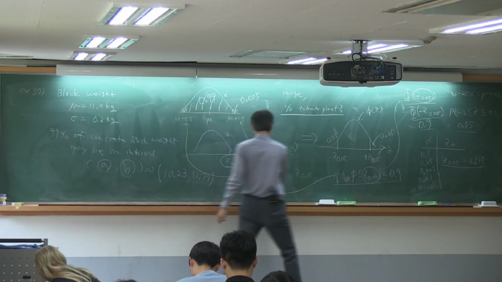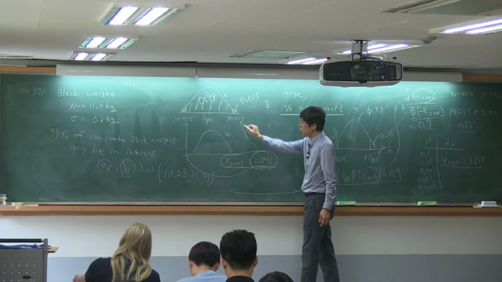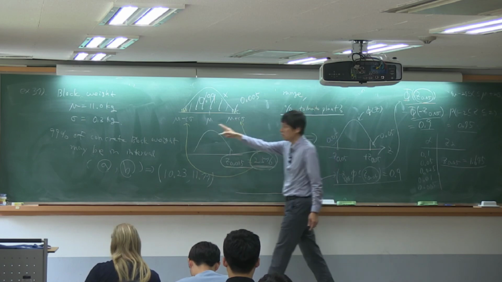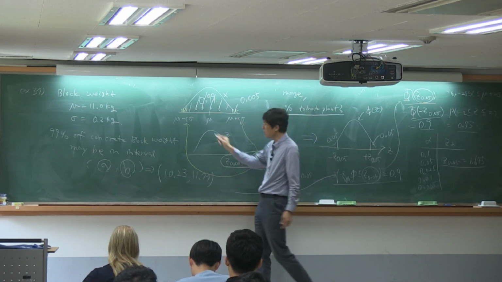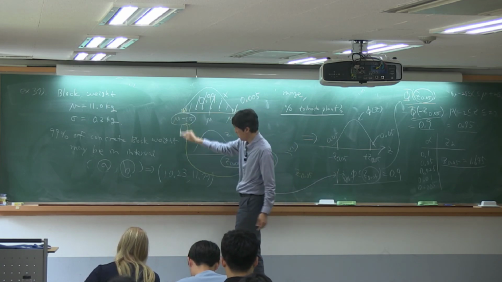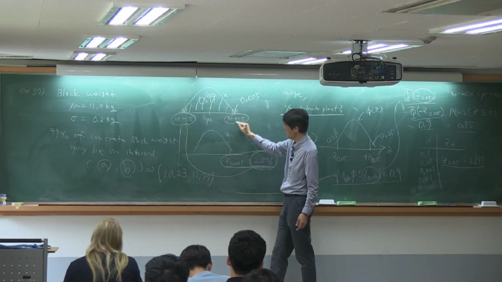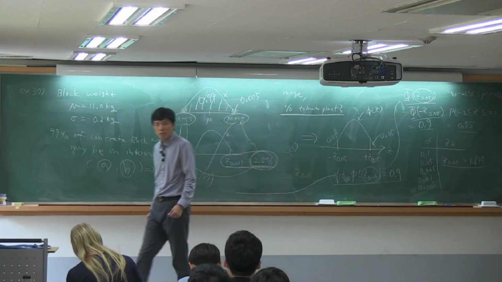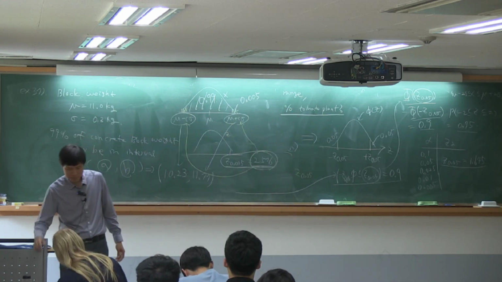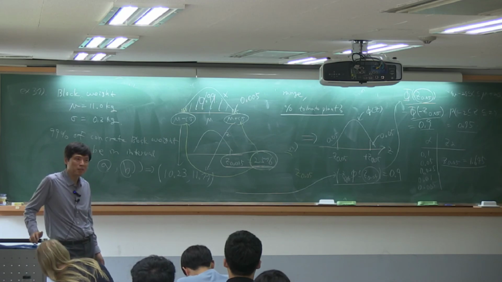Once you find this value, you can replace the constant c using this critical point. Then this becomes 11 plus c sigma. Okay, any questions?